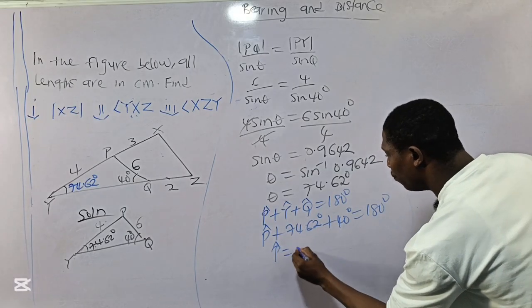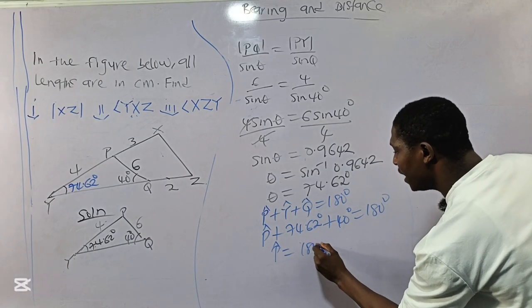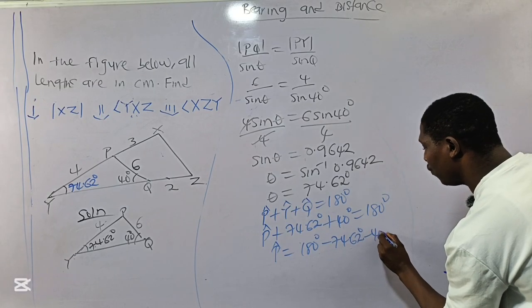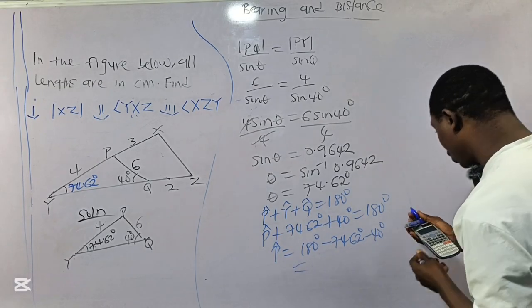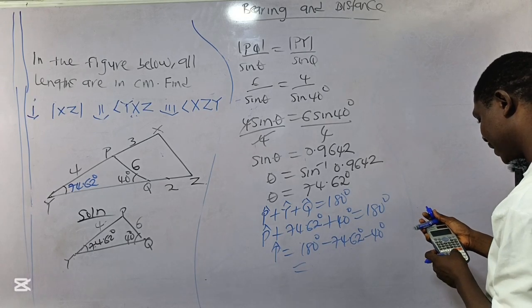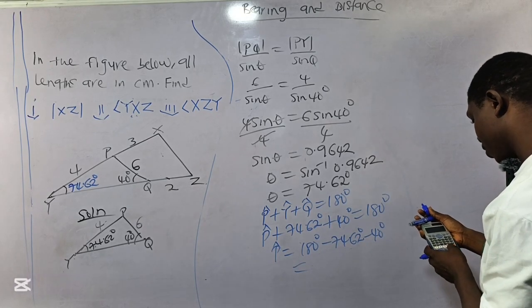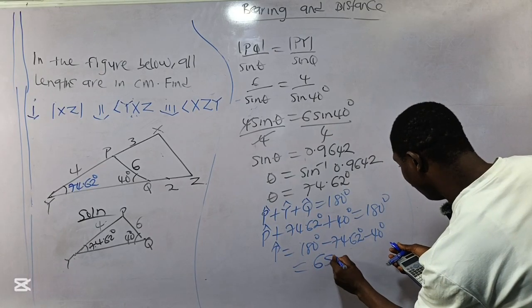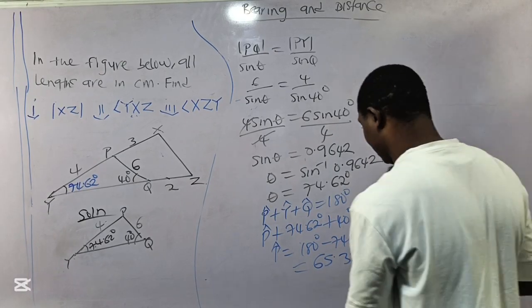So my angle P will be equals to 180 degrees minus 74.62 degrees minus 40 degrees, giving me 65.38 degrees.